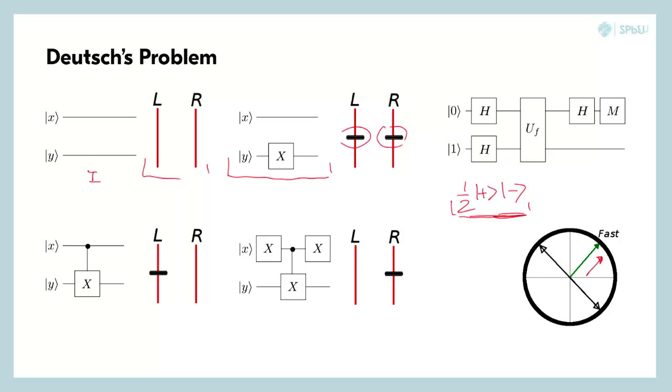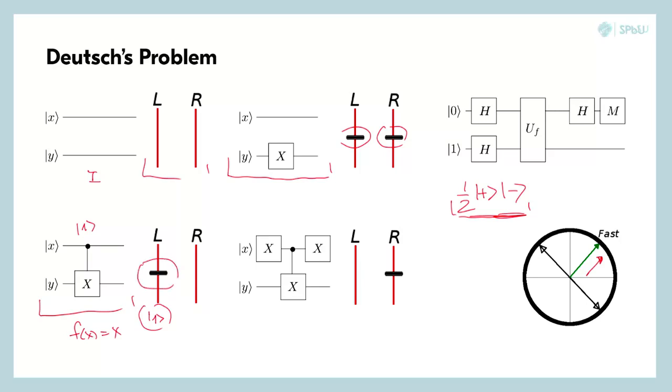Well, the next situation is for f of x equals x. And we have to multiply the state by -1 only if vector x is 1. So it's the left path of the interferometer. Here we have the first qubit equal to 1, and we place the wave plate here.